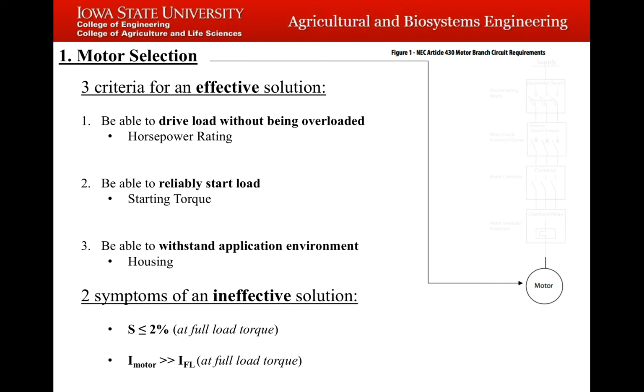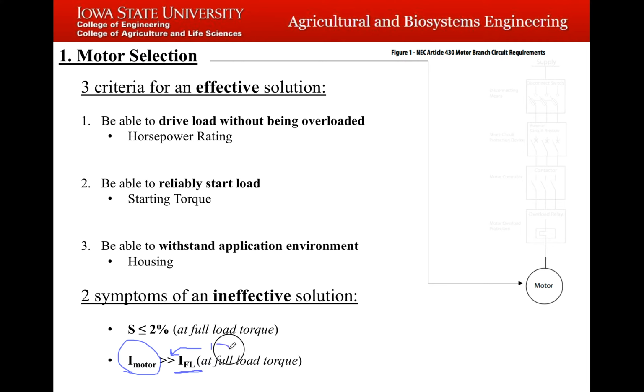Additionally, if we're running at full load torque and our motor current, the current we measure running through the conductors to the motor, is significantly larger than the full load current of that motor, then there's a problem. Significantly larger, what does this mean? Some people will say 150%. It's a little bit ambiguous.